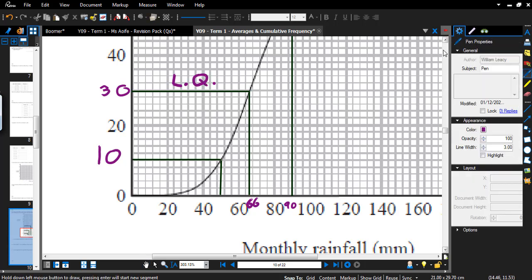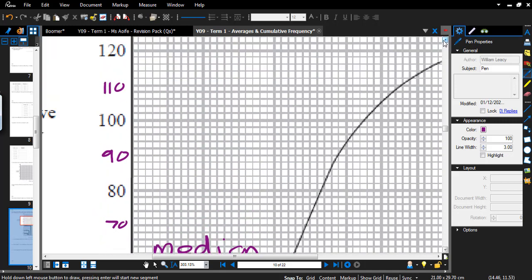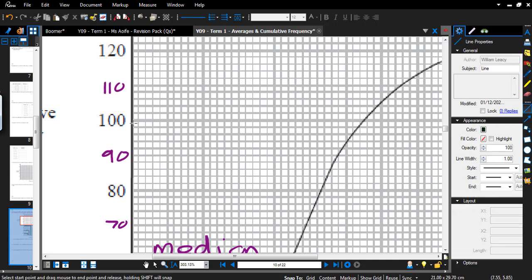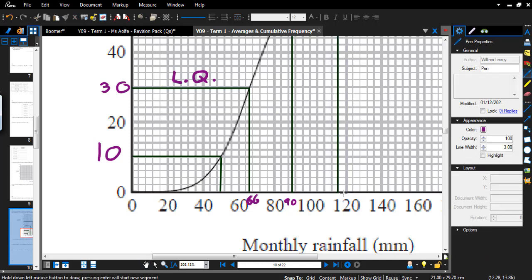Now we'll do the upper quartile, which is obviously 3/4 of 120, which is 90. So we go to 90, go across, hit our target, boom. And we go down to, looks like 116 to me, because it's 4 less than 120, so it's 116.